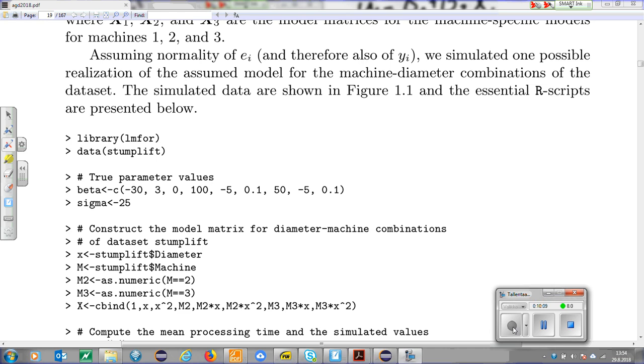So we assume that there is a true model, and now we specify the true model, and now we can simulate one possible realization of the assumed model for those machine diameter combinations that we have in the dataset. And that data is shown in figure 1.1. The essential R scripts are presented below, but I will not explain them here.